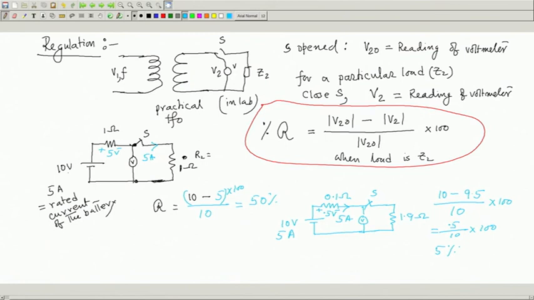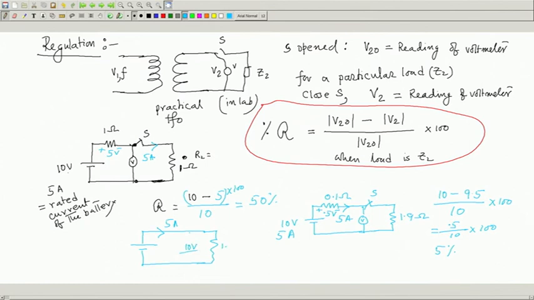Are you getting? Therefore, regulation value, unlike efficiency, it should be as small as possible. For example, if it is an ideal battery, nothing is better than that, so far regulation is concerned. If it is an ideal battery, no internal impedance, then whether you connect load or not, this voltage will be 10 volt always. So, regulation is 0.